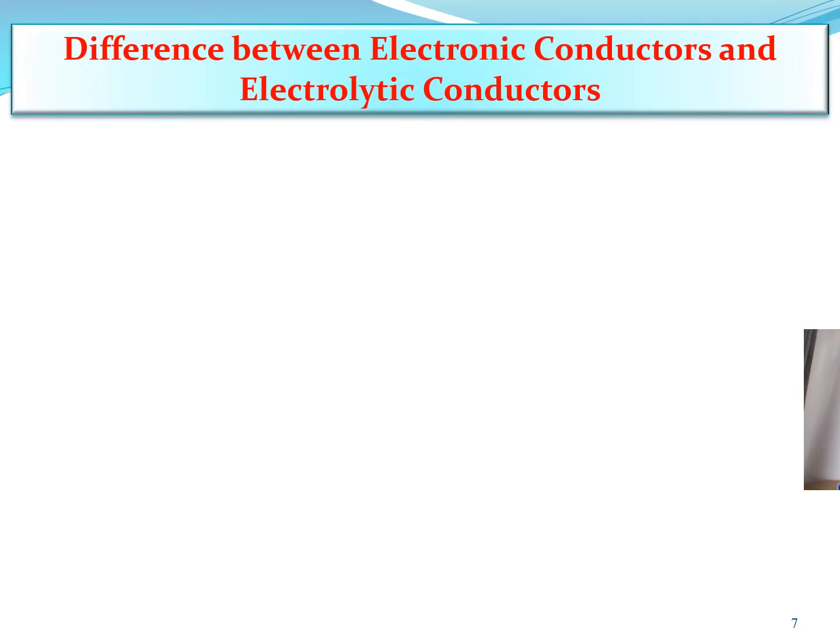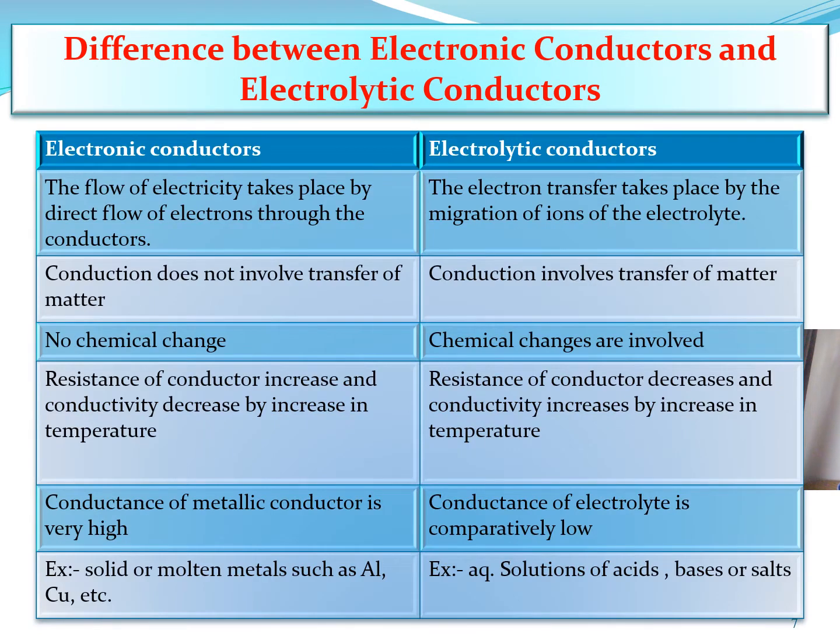What is the difference between electronic conductor and electrolytic conductor? Electronic conductors allow flow of electricity by direct flow of electrons through the conductors, while electrolytic conductors allow charge transfer by the migration of ions.